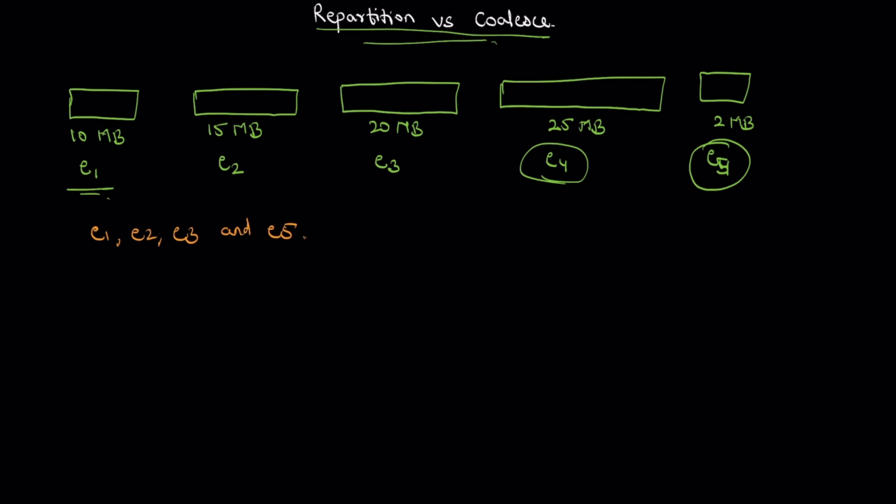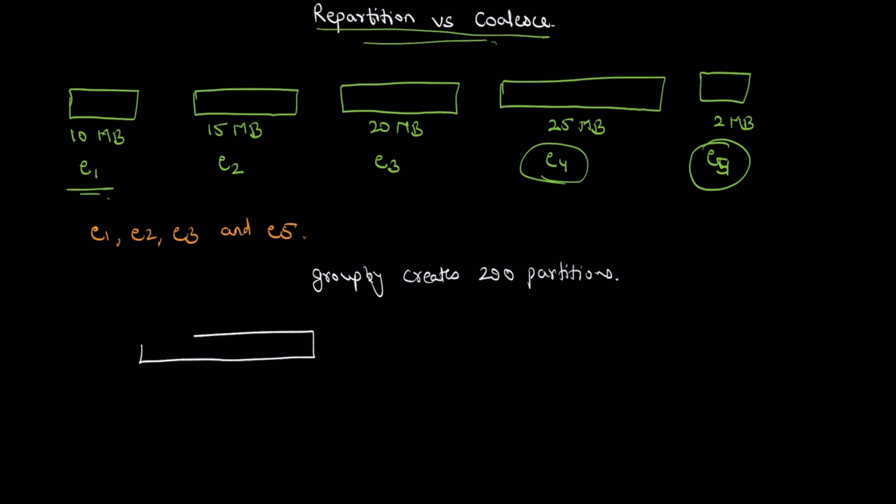When you are doing group by, in our previous video we have seen that group by creates 200 partitions by default. Let's say one of the partitions is too big when compared to other partitions.